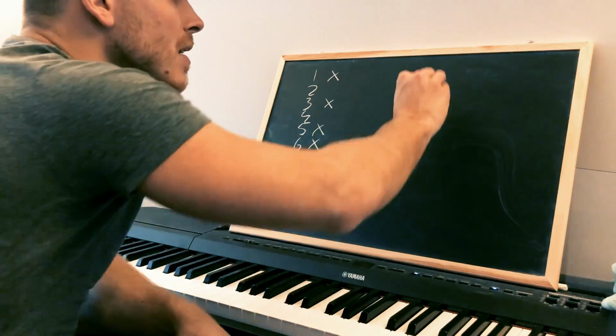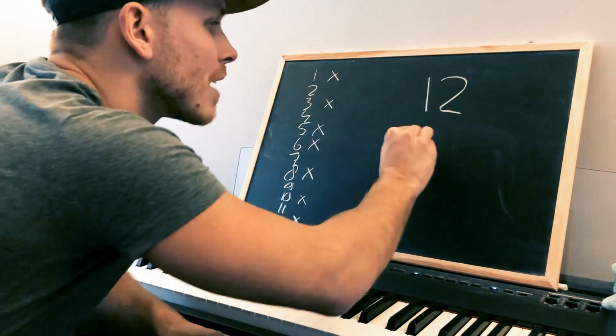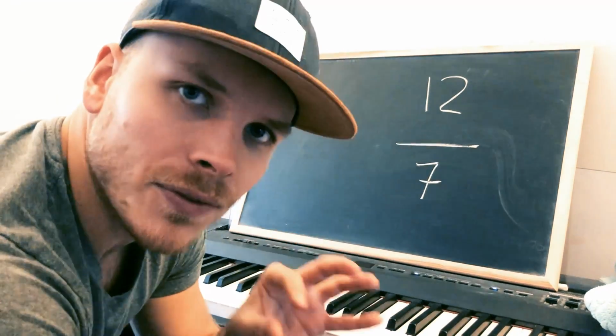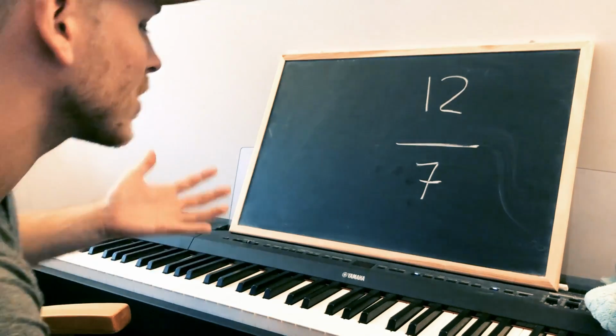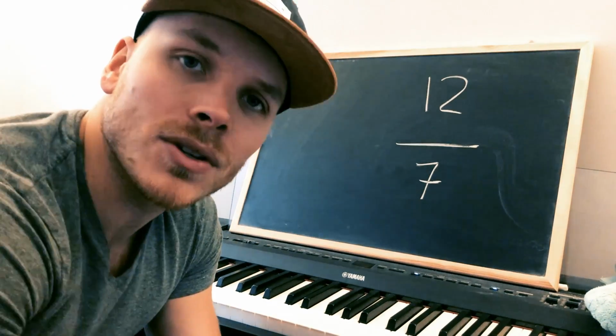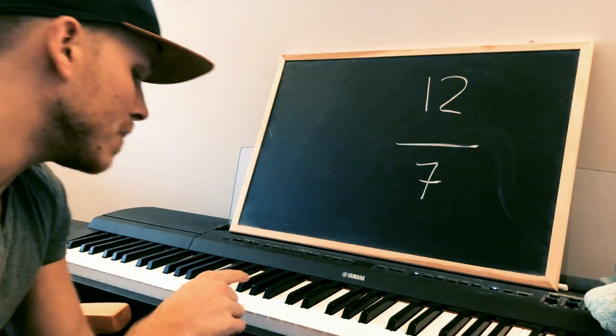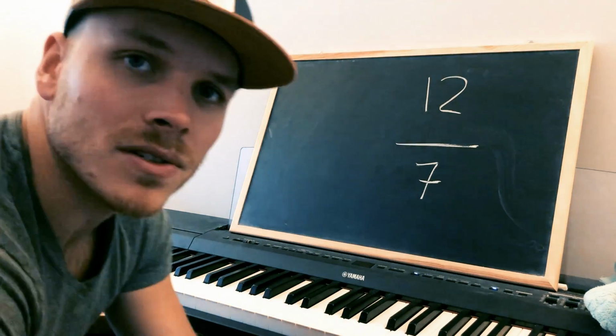Where there's 12 notes on the piano, we usually only play 7 notes. The thing that confuses most people is, if we only play 7 notes, why is there 12? And how do you decide which 7 notes there are? Well, here's the good news. For every note on the piano, there's a scale.